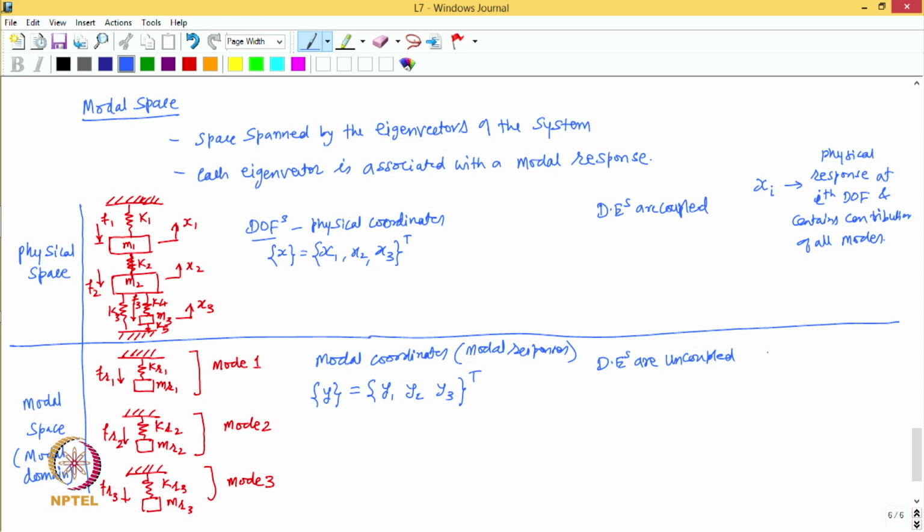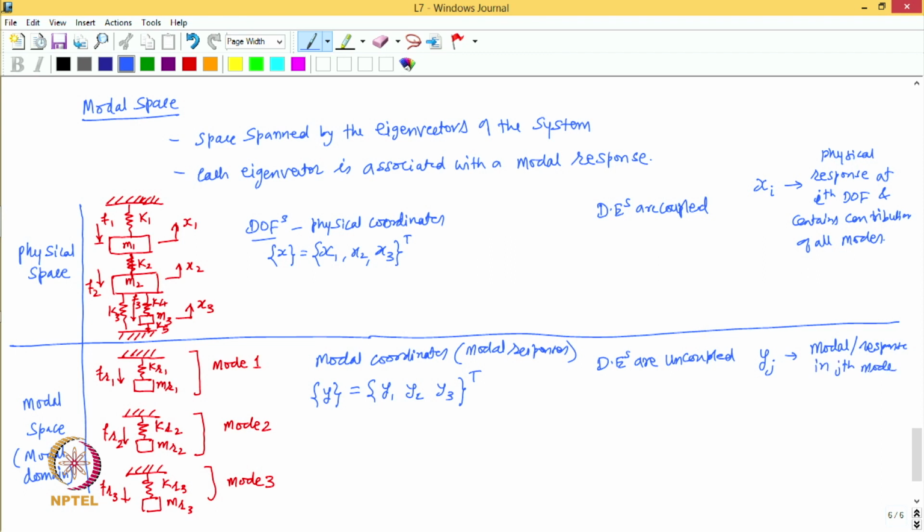But if I look at the modal response, say Yj, then it tells us the modal response in jth mode.